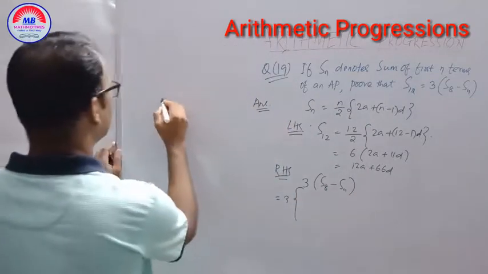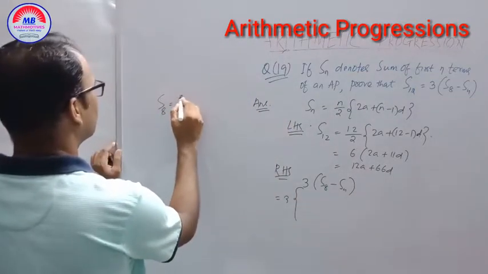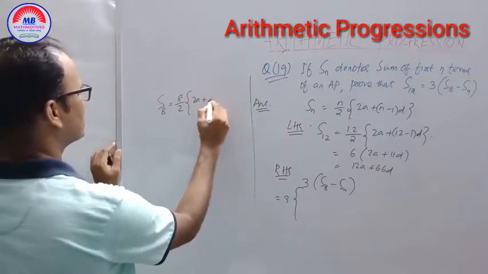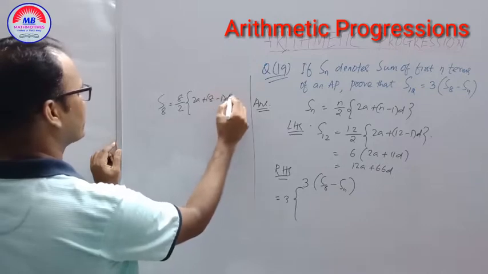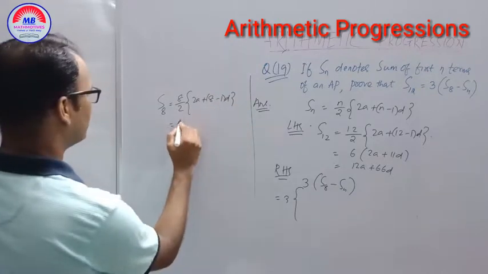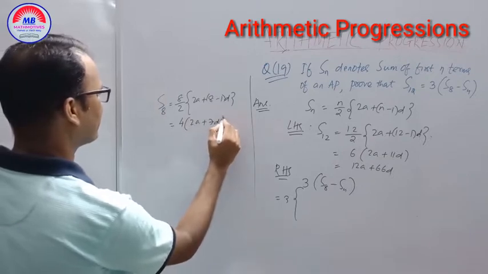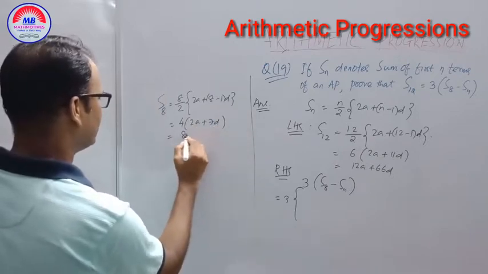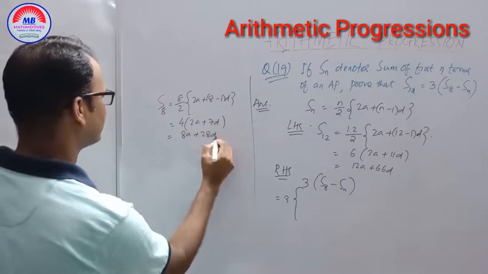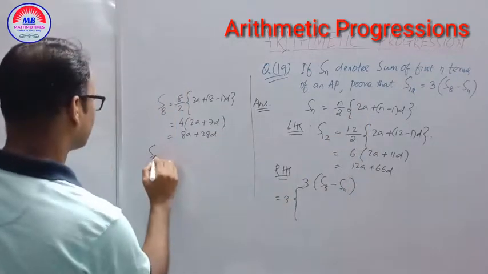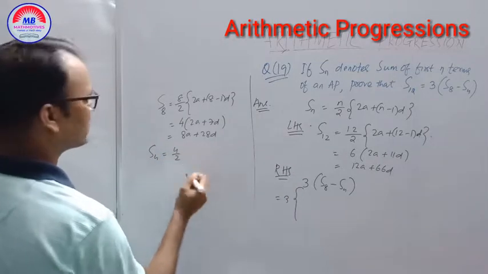You will separately find S8 equal to 8 by 2 into 2a plus 8 minus 1 into d. Okay, it will be 4 into 2a plus 7d. That is equal to 8a plus 28d. Okay, then S4 equal to 4 by 2, formula.